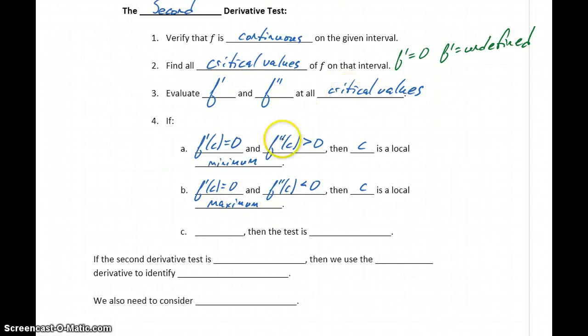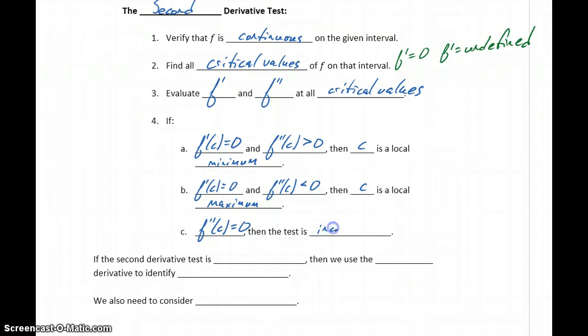So just by finding critical values and then evaluating the second derivative at those points, we can identify local maxima or minima. But our third case would be a situation where f double prime of c, the second derivative evaluated at c, is equal to 0.